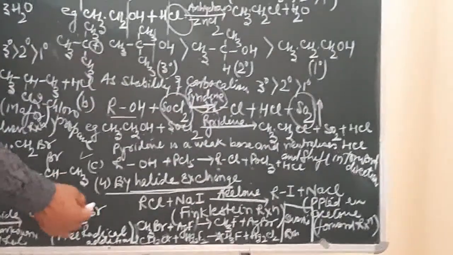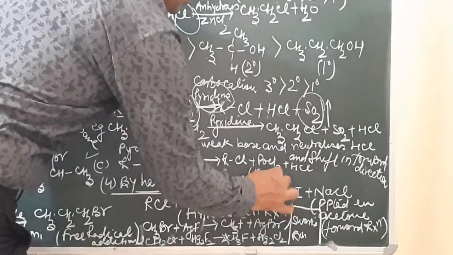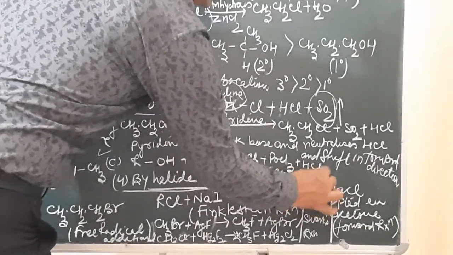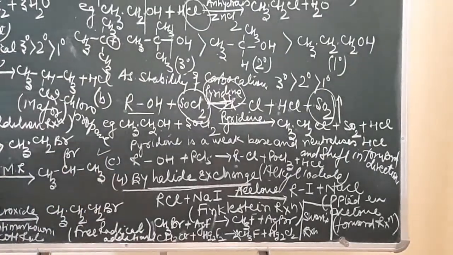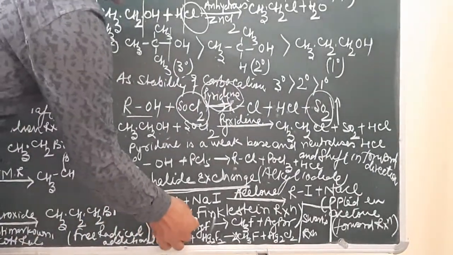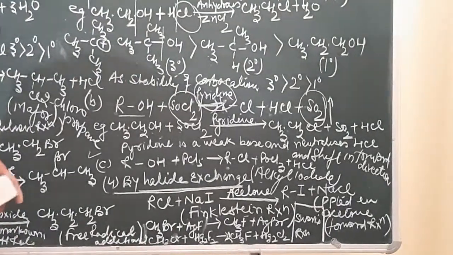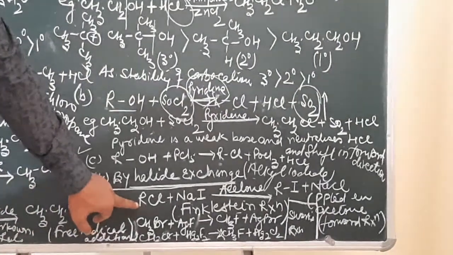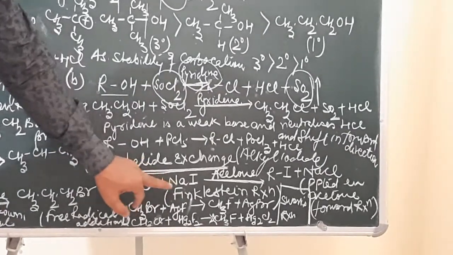This method is normally used for the preparation of alkyl iodide. And when it is used for the preparation of alkyl iodide, this reaction is called a Finkelstein reaction. What is to be done? Here we take alkyl chloride. It is made to react with sodium iodide.